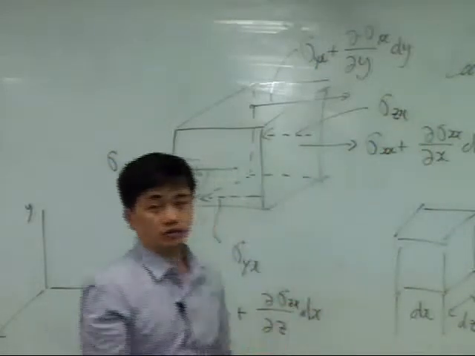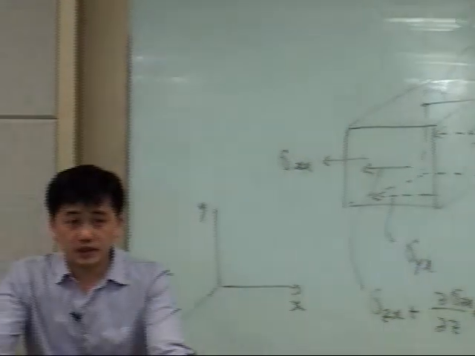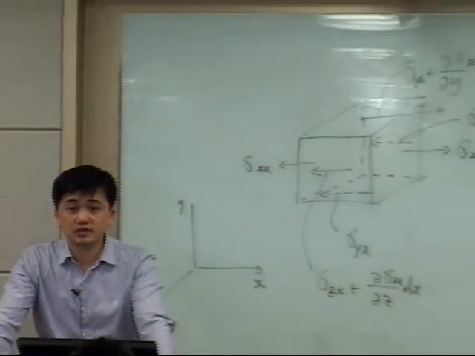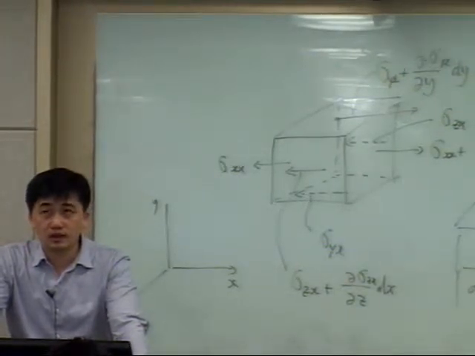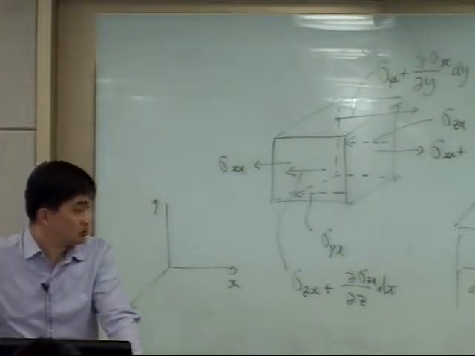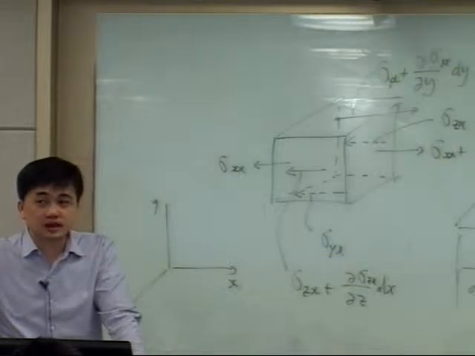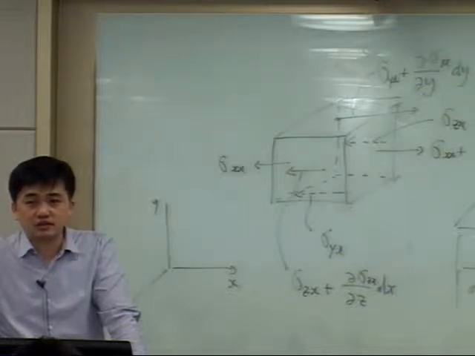So in this cube, we have 6 surfaces. In each surface, we have 3 stress components. So in total, we have 18 stresses, and among them, 6 stresses are in the x direction.